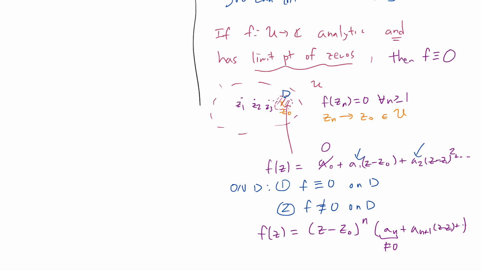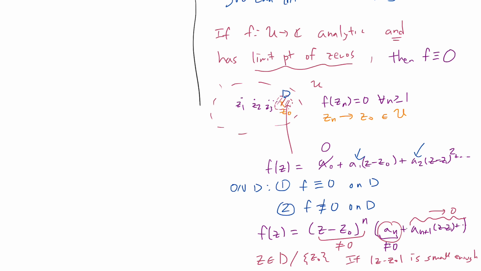Now let's think about what happens for some z in D that's not c naught. If you're in D and not equal to c naught, then (z minus c naught) to the n is non-zero. If the distance between z and c naught is small enough, then all of the remaining part is approaching 0 as z approaches c naught, so it's going to be pretty close to 0, whereas an is some constant non-zero distance away from 0.